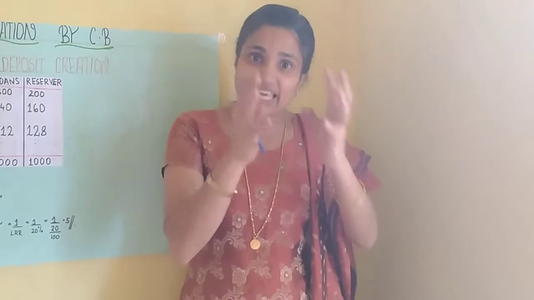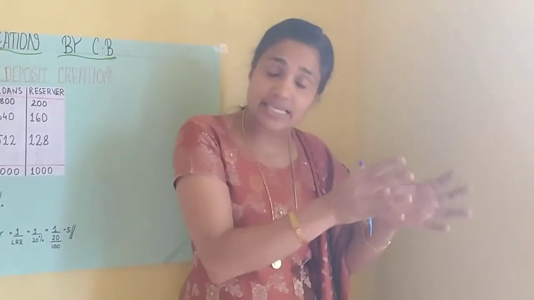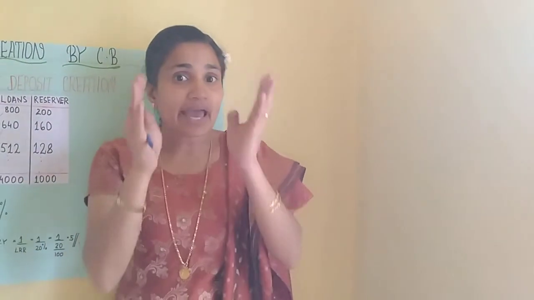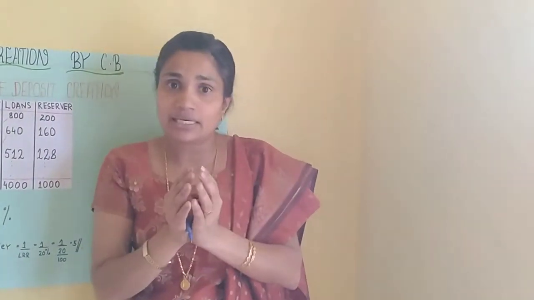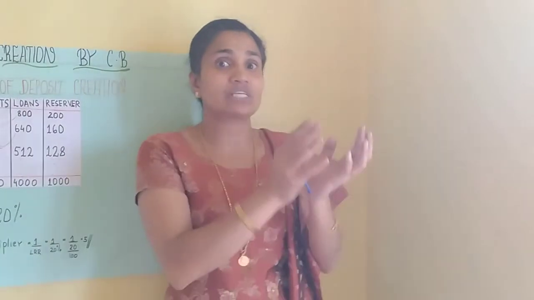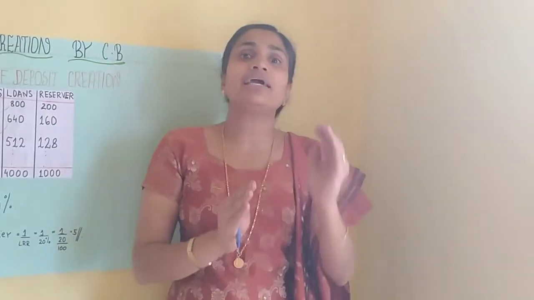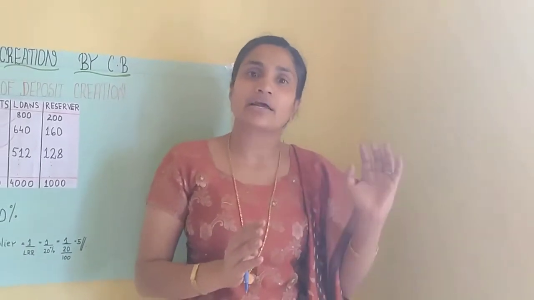They will keep a certain portion of the deposits with themselves and at the same time with the central bank. That reserve ratio is legally, compulsorily kept, this portion of the deposits with themselves or in the central bank. And that is what is called the legal reserve ratio, in short, LRR.